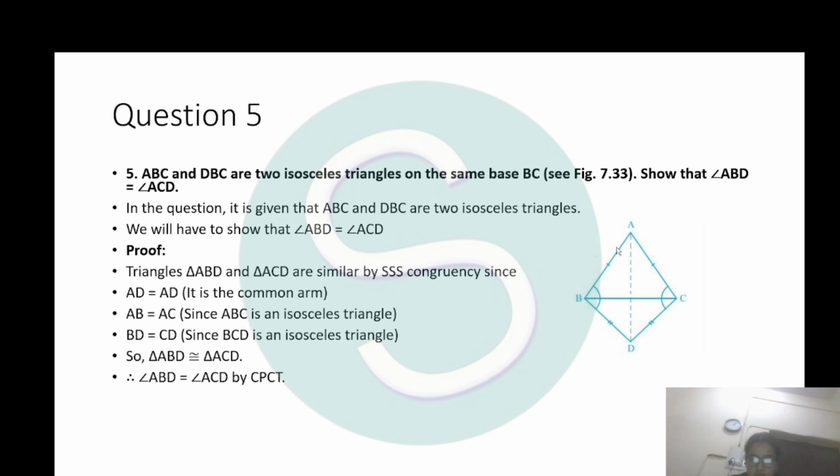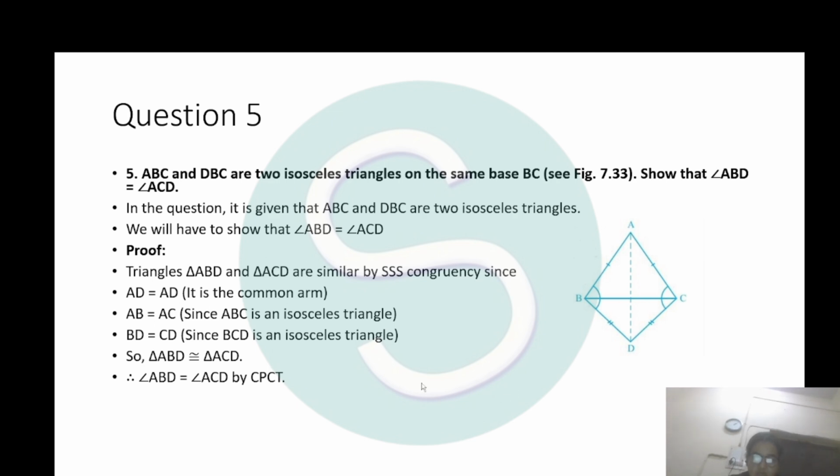So in triangle ABD and triangle ACD, AD is a common arm, right? So AD equals AD. Secondly, AB equals AC, it is given to us as they are isosceles triangles. The next part is BD equals CD, again because it is given that these are equal as BDC is an isosceles triangle, right?